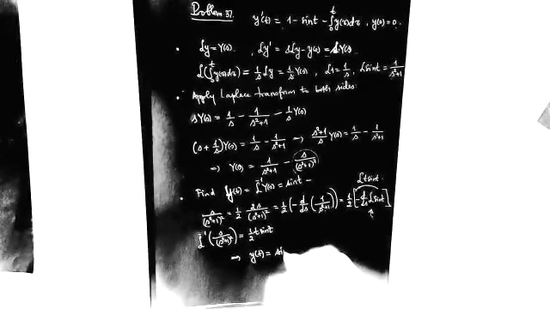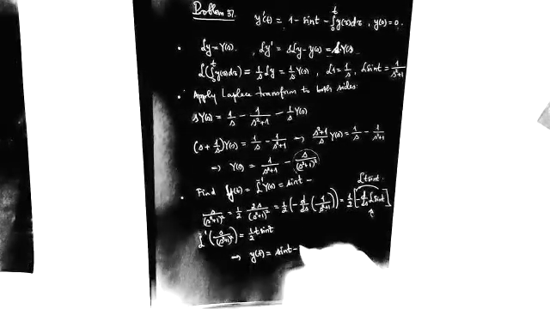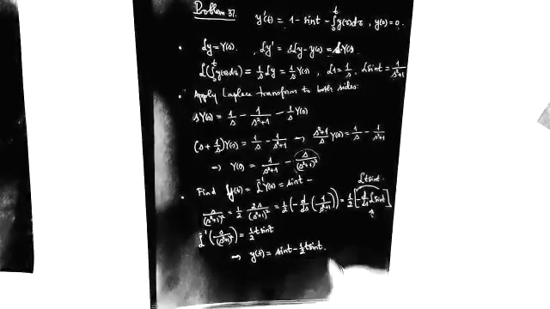And so the solution of the problem will be y of t equals sine t minus 1/2 t sine t.